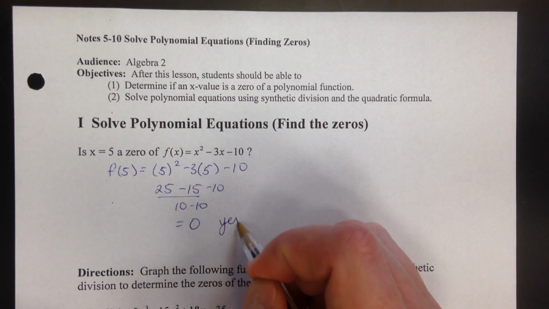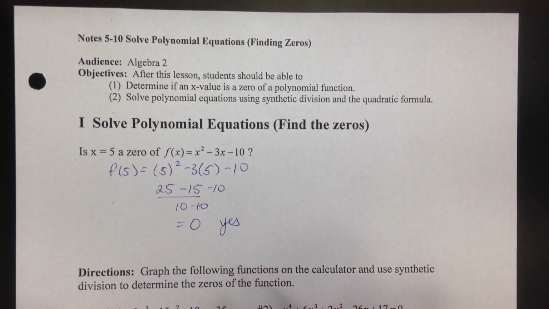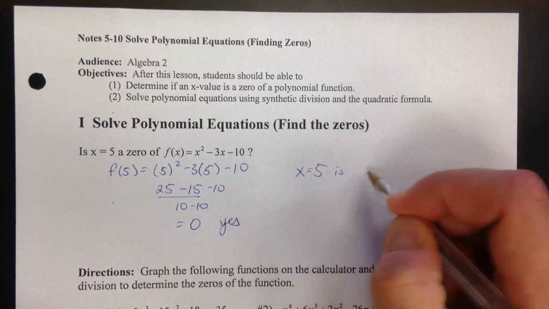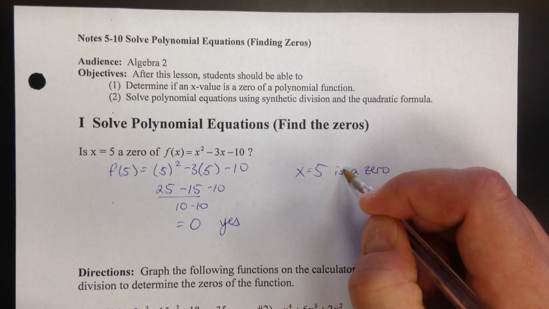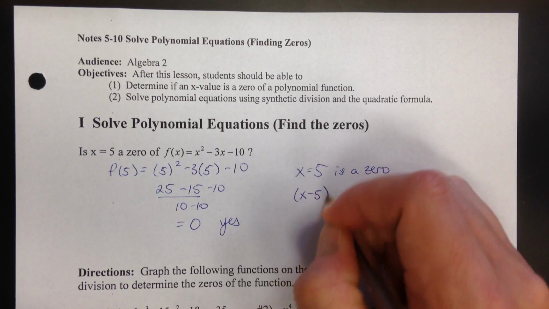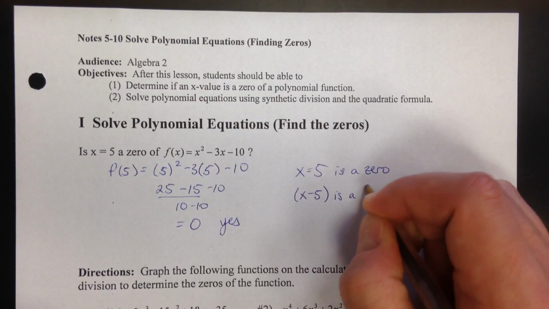So is 5 a 0? Yes, it is. So x equals 5 is a 0. But the other thing that we can say is that x minus 5 is a factor.